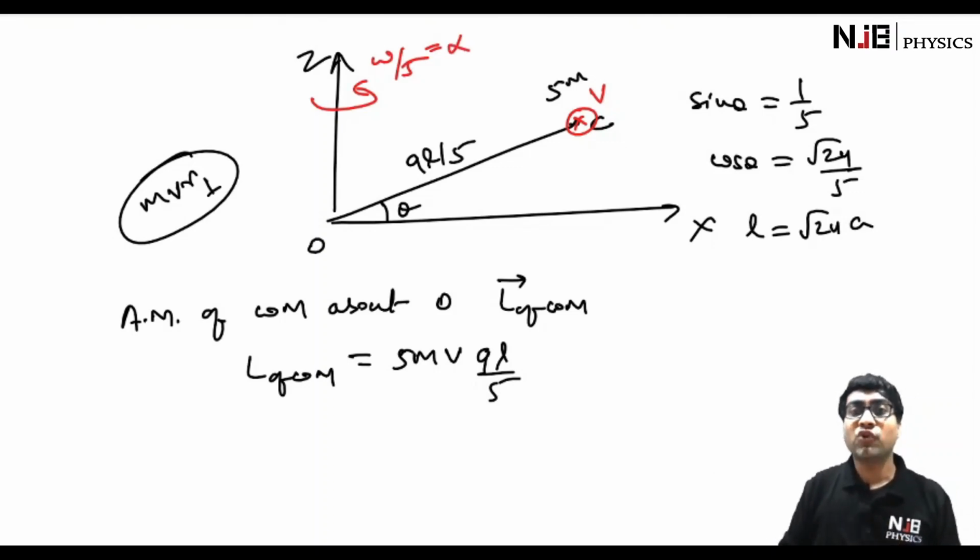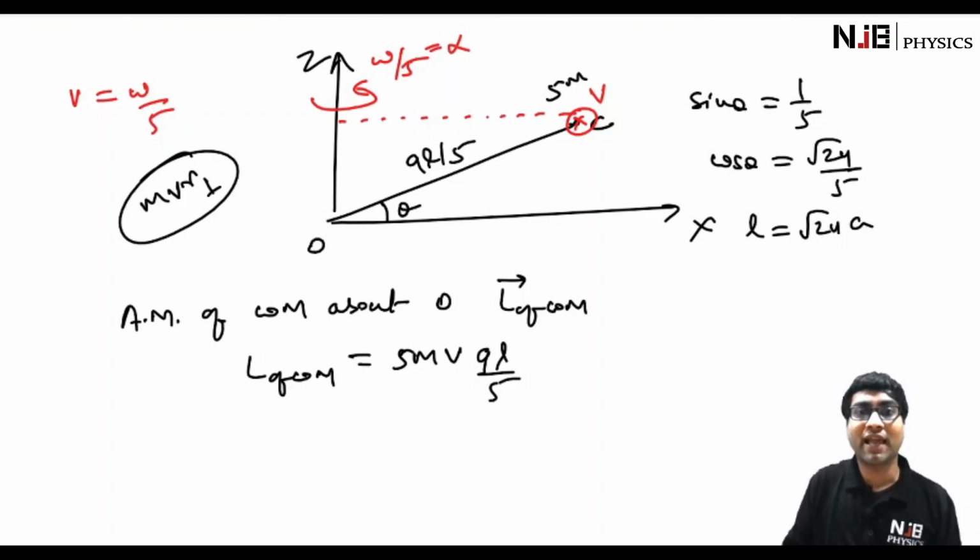So we can get the value of v quite easily from this, because v will be equal to the angular velocity about z-axis, which is omega by 5, times its distance from the z-axis. So its distance from the z-axis can be calculated from this geometry, which will come out to be 9L by 5 cos theta. So velocity of this center of mass becomes angular velocity, which is omega by 5 about z-axis, times 9L by 5 cos theta.